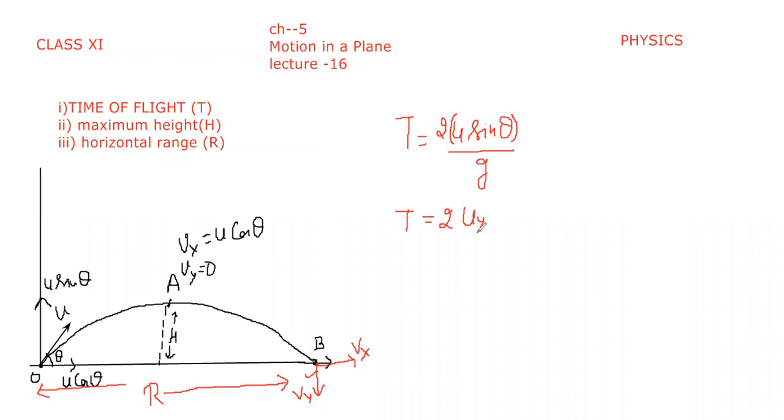So we can write capital T equals 2uy upon small g. And what is the formula for capital H?